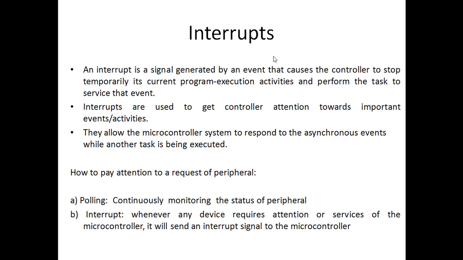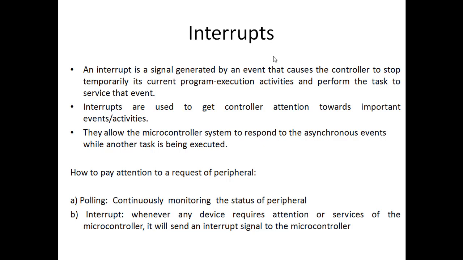The better option is interrupt. In interrupt, instead of continuously monitoring the peripheral, my microcontroller will keep on working on its normal operation, and whenever any device requires attention or services of the microcontroller, it will send an interrupt signal to the microcontroller. Is it fine? That's why interrupts are way better to handle requests from peripherals.